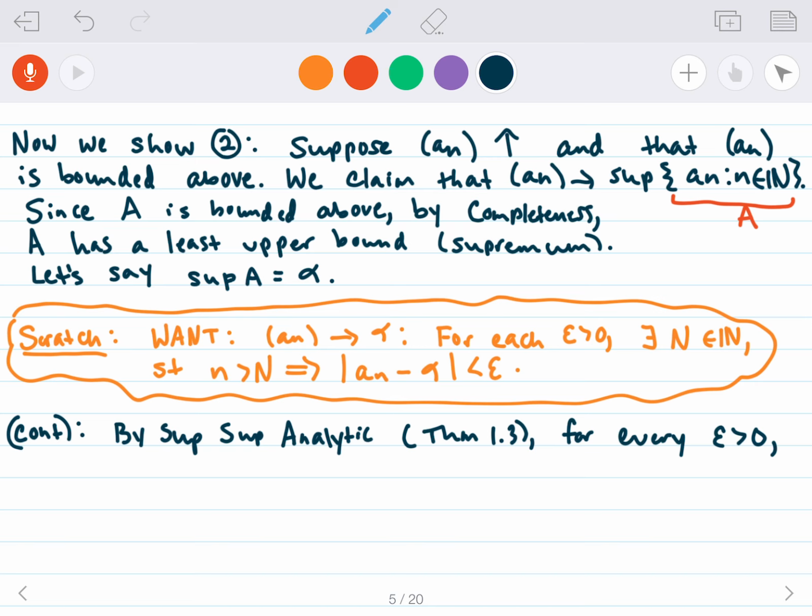In our case, the set A is the set of terms in our sequence.